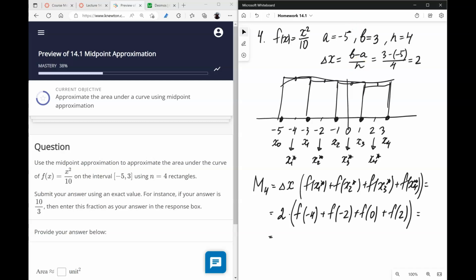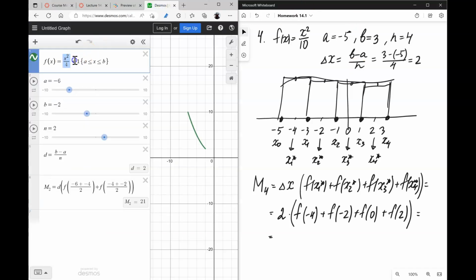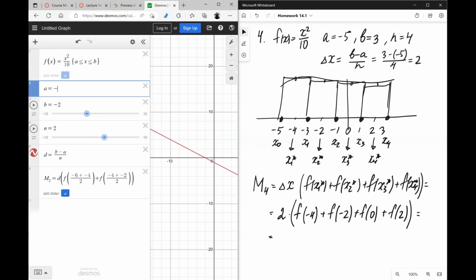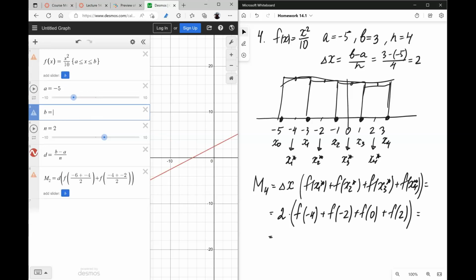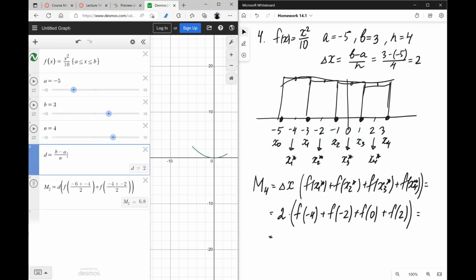I'm just going to use Desmos. So my f of x is x squared over 10. My a is -5, my b is 3, n is 4, and here again, Desmos is a tool, so let me use it as a tool. Since I already defined all the functions, I'm just going to type here f of -4 plus f of -2 plus f of 0 plus f of 2. And the answer is 4.8.